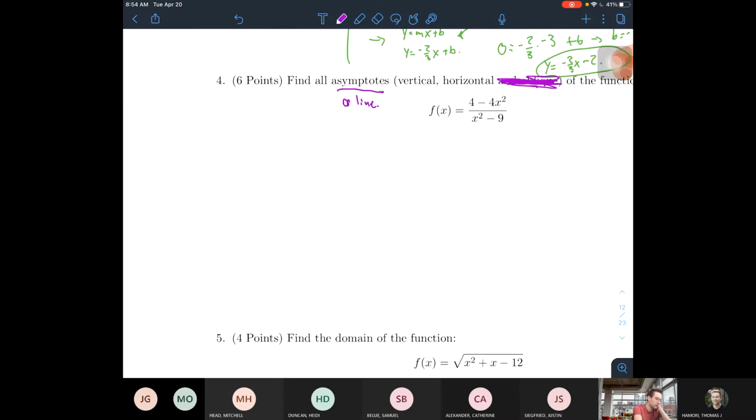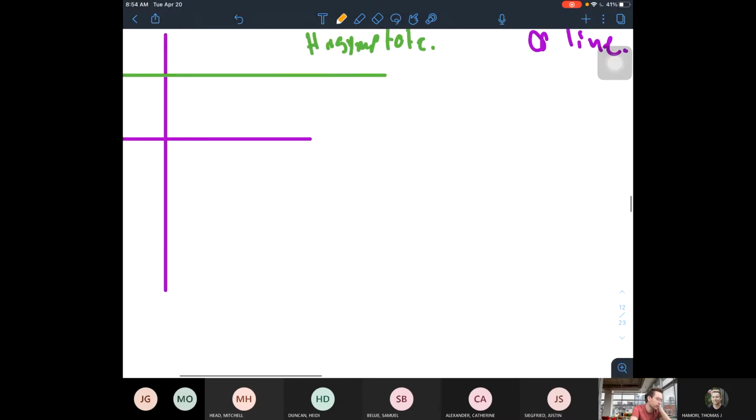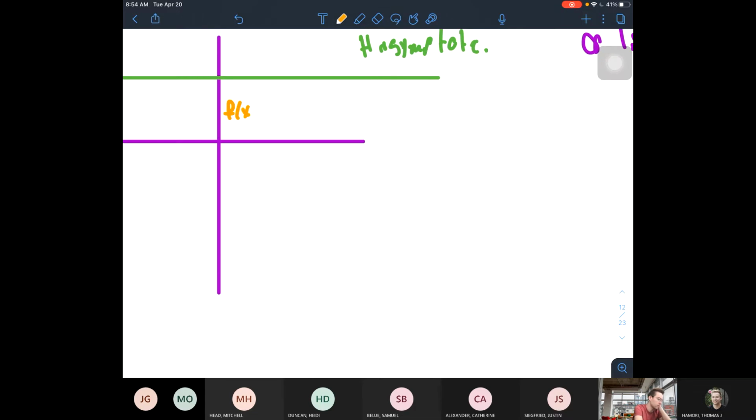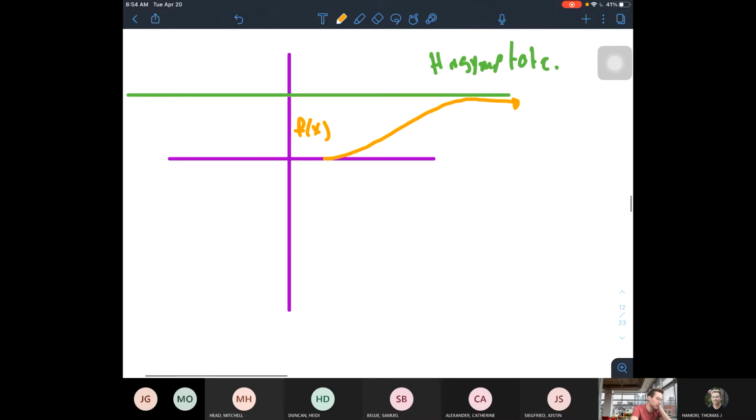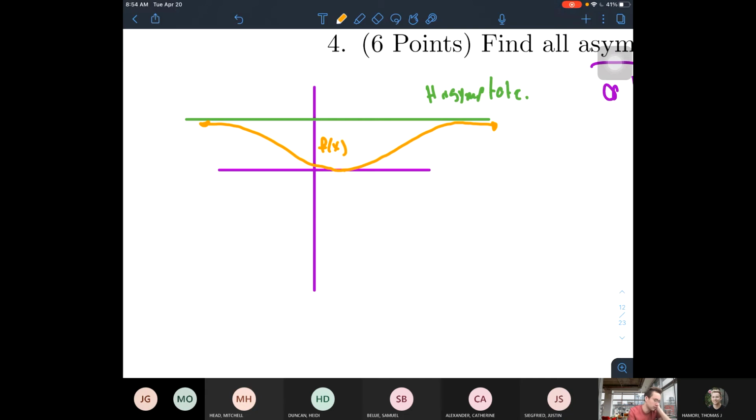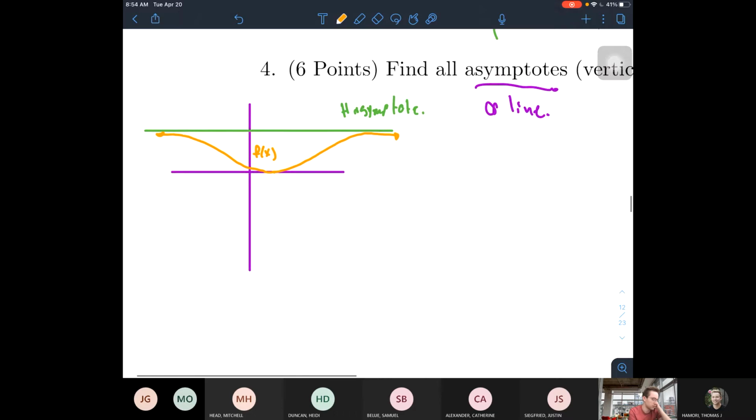So, for example, a horizontal asymptote looks something like this. It's a horizontal line such that the graph of our function f of x gets really, really close to this line in some direction, maybe in that direction or maybe even in this direction. We don't know. Okay, so that's a horizontal asymptote.